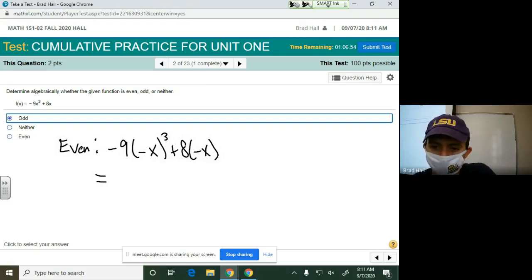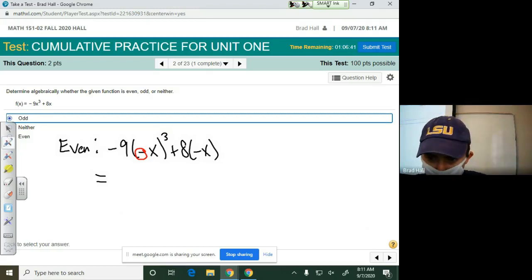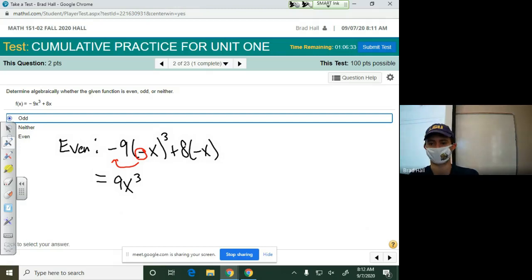And so you might notice that for this first negative over here, since this negative is being raised to the third power, it will stay, ultimately not get canceled out, which means that negative gets to move to the front to join that negative, which would cancel out and give you 9x to the third. And somewhat similarly, the negative over here would come out to join the 8.